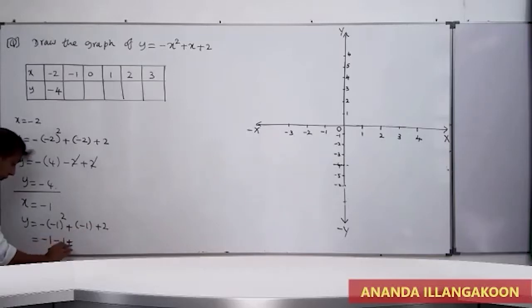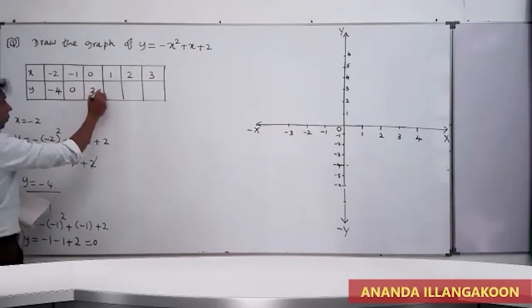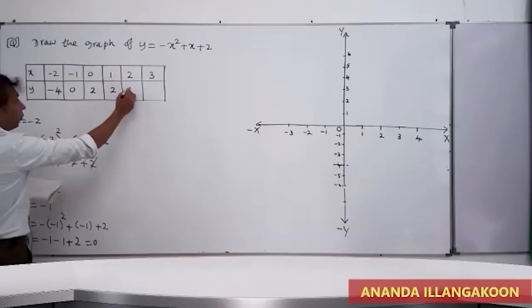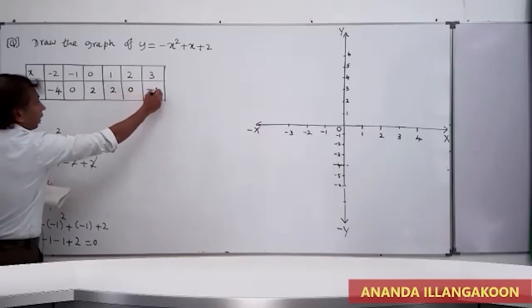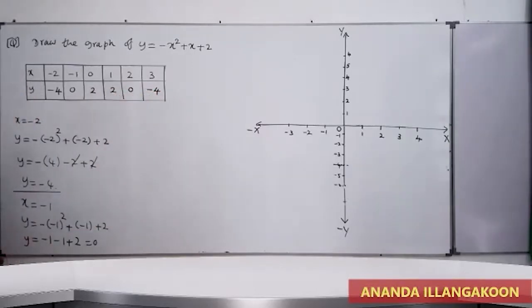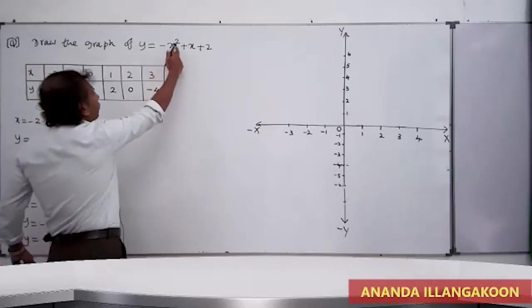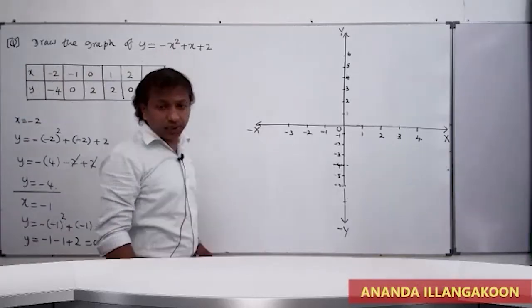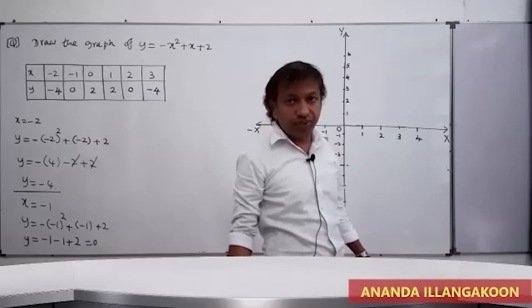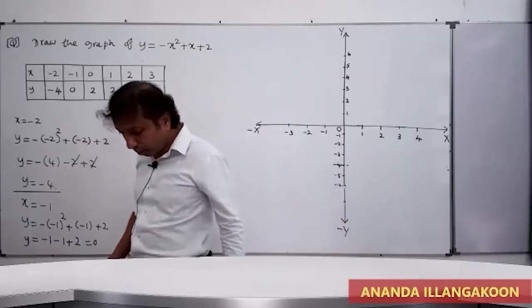And here 2. Minus 1, minus 2, plus 2, it's 0. Y is 0. Like that, now you can find the y values. Then we get the y values like this: 2, 2, 0, minus 4. See here, in this case, we have x squared coefficient is minus, right?